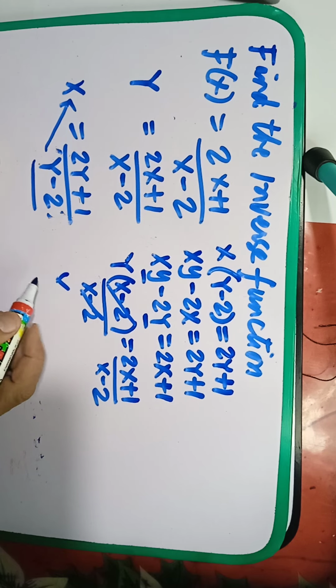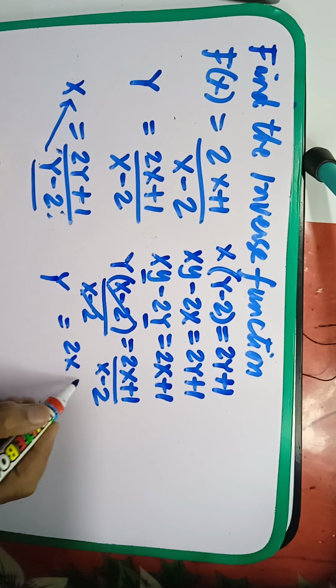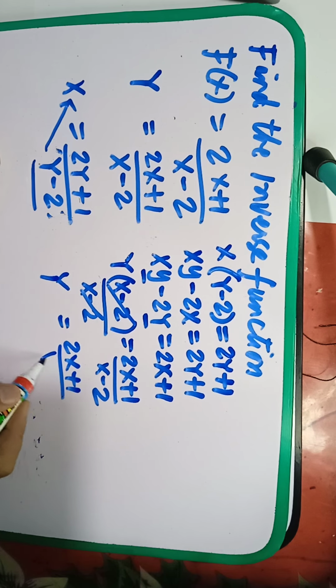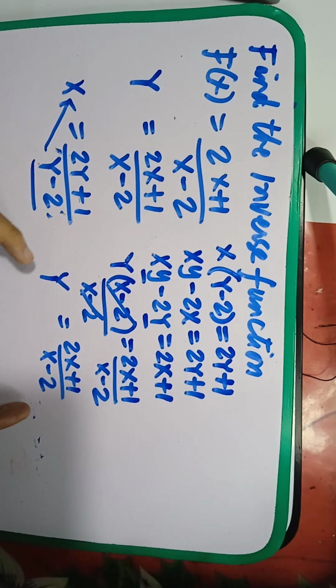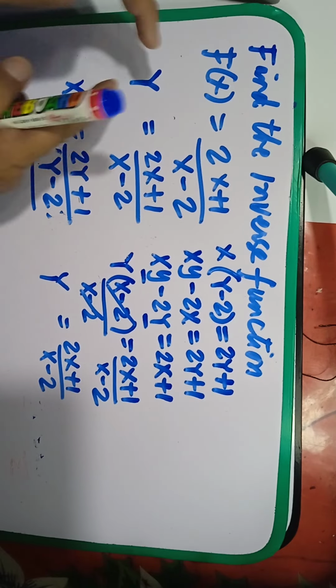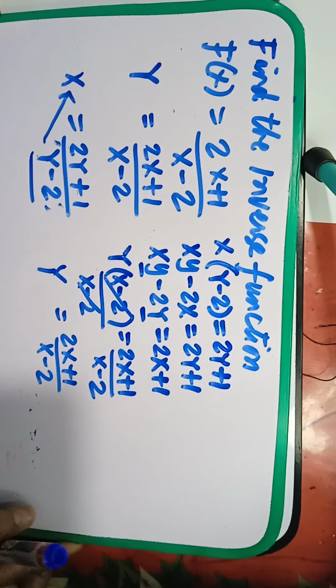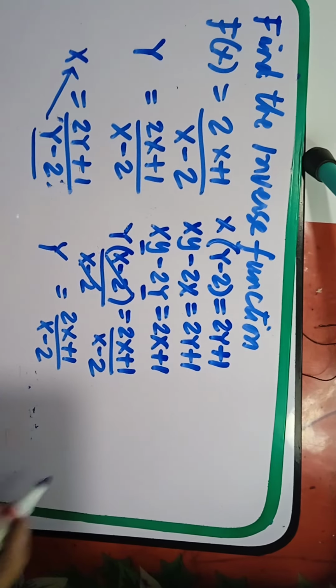The remaining is y is equal to 2x plus 1 over x minus 2. And this is the function obtained from exchanging y to x and x to y. That's why this is already an inverse function.